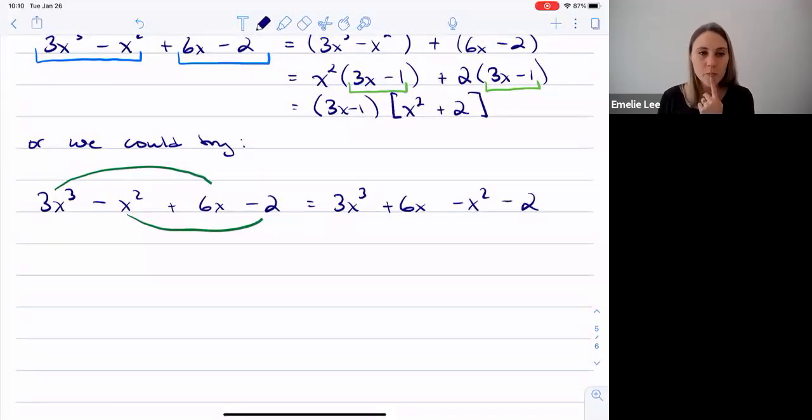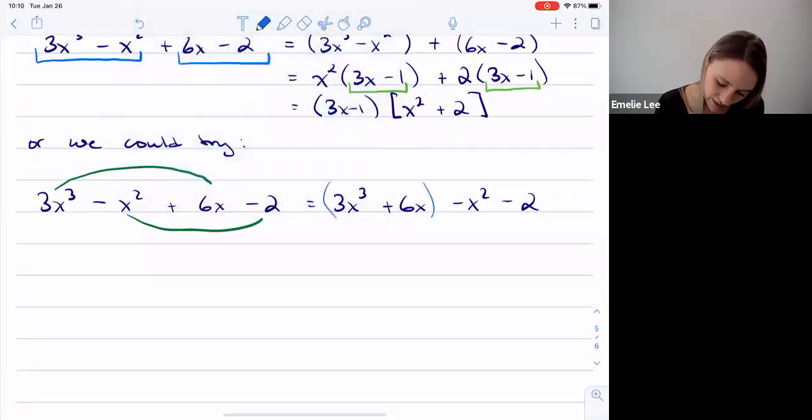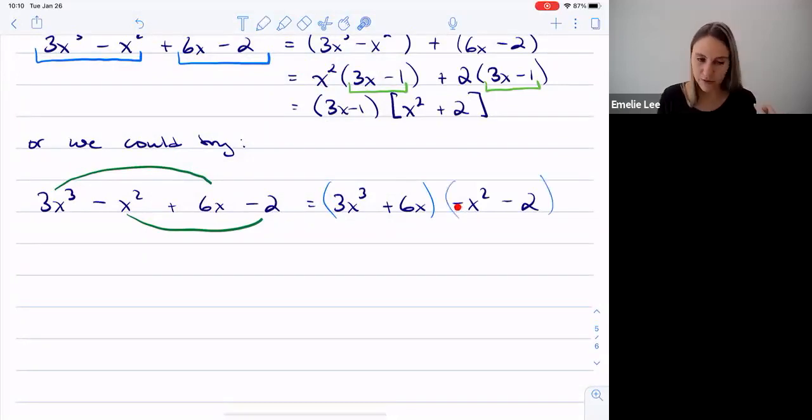But I can put brackets around these, and just be careful with this negative here. Like I said, you can pull out the negative, but it's going to be part of it when you're expanding it back in.